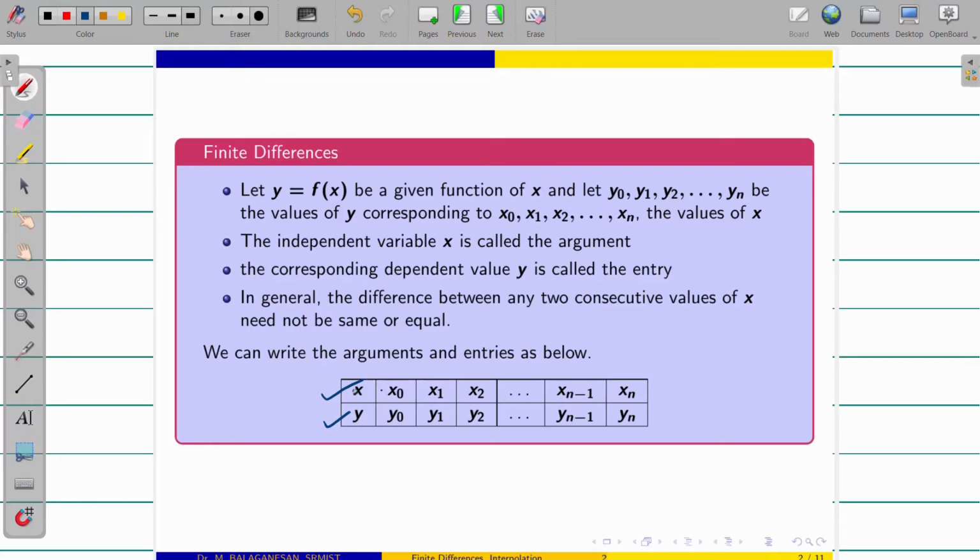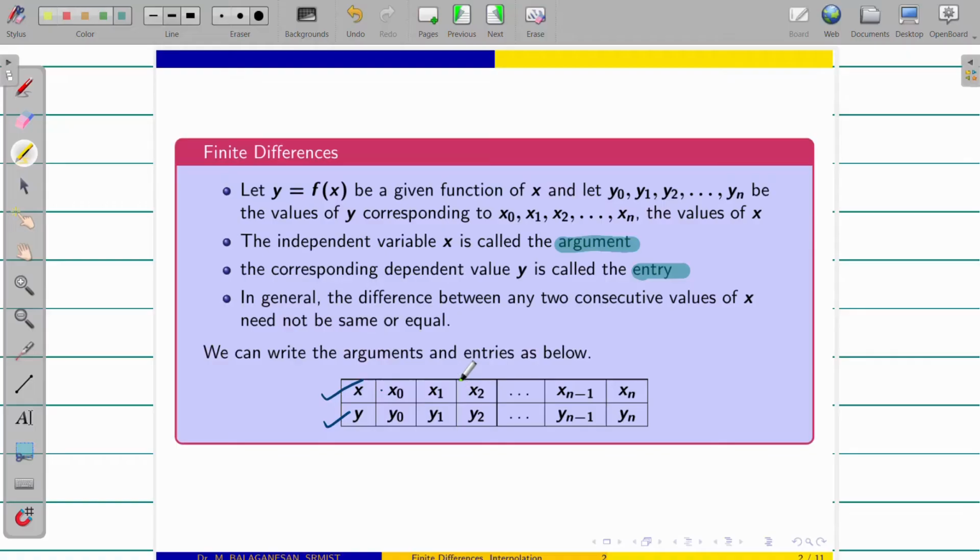The X values are called arguments, and the values of Y are called entries. Within the given range, finding a value is interpolation. Outside the given range, finding a value is extrapolation.